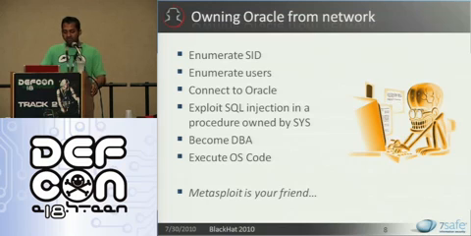Once you connect to the Oracle database, then you find one such procedure which you can execute, which runs with the privileges of sys maybe, and has a SQL injection that will let you become DBA, grant you the DBA role on that user. And once you have DBA, then you can execute OS code. So all of this can be done via Metasploit, and this was shown by Chris in last year's Defcon talk.